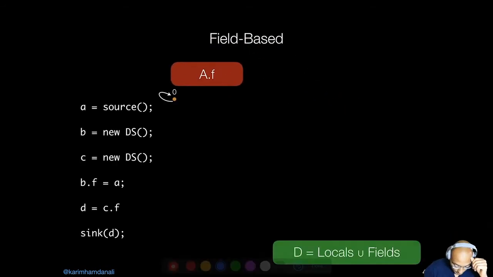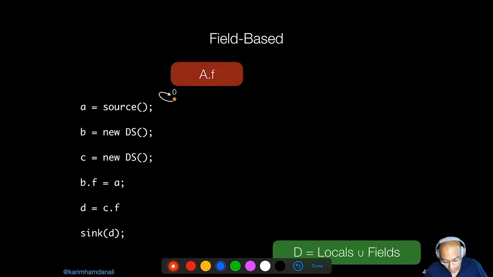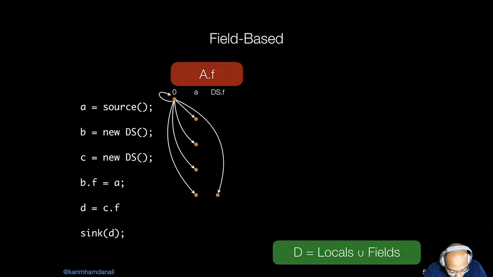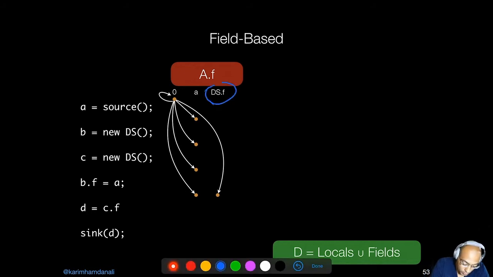And then we had a few examples where basically in the first example we had a field-based version of IFDS, where the domain of the analysis is basically local variables and fields. And in that case, because we are going to use field-based, the field access b.f is modeled as ds.f in our domain.